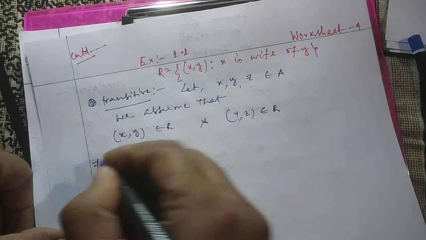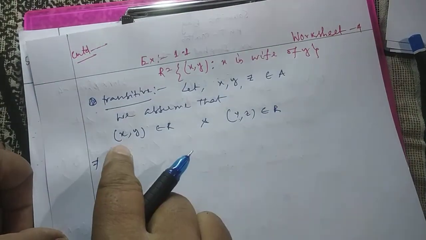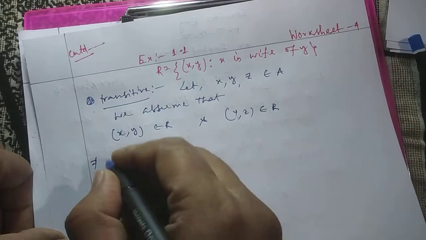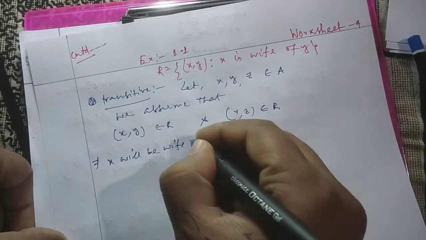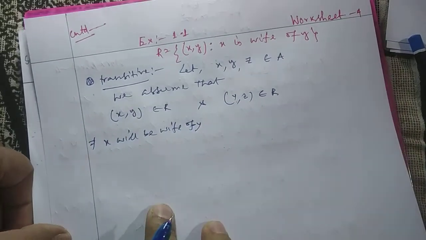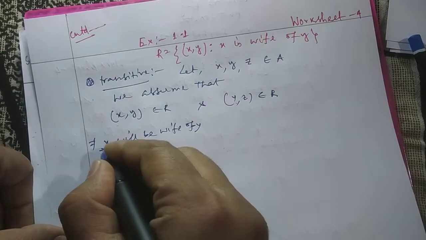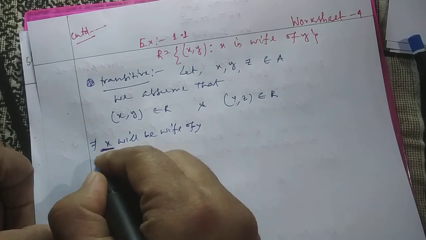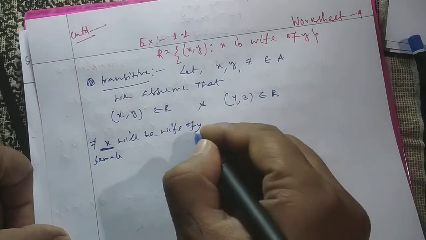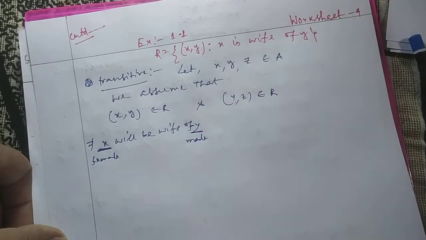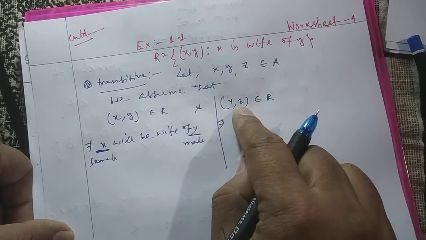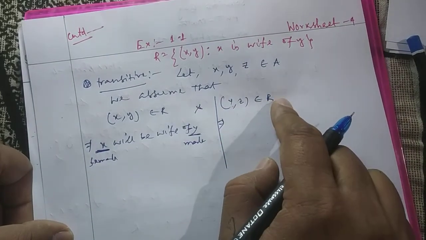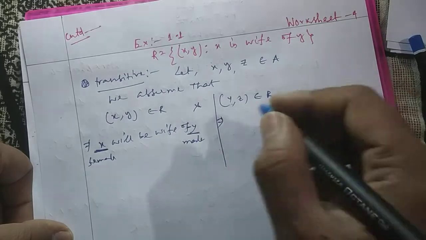Now look at the definition here. (X, Y) belongs to R means X will be wife of Y, correct? So here mention X will be female, Y will be male. Now look at here. What is the meaning of (Y, Z) belongs to R from the given definition?